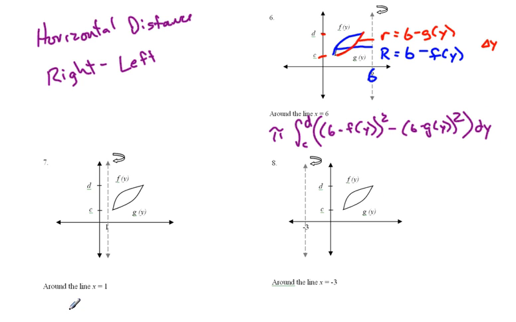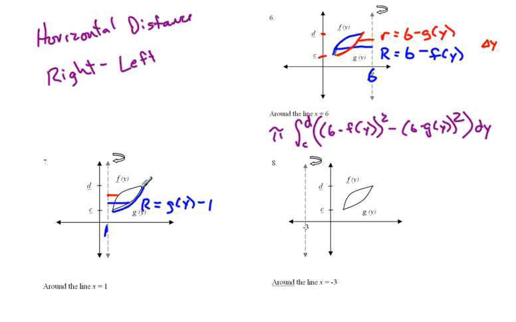All right, we've got 2 more to go. We'll probably get through these a lot quicker. Again, from the dashed line out here, there's my big R, and big R equals my right function, which is g of y, minus the left one, which is at 1.